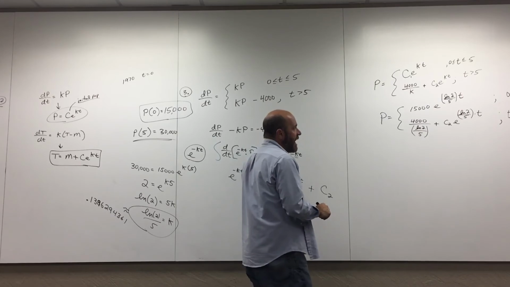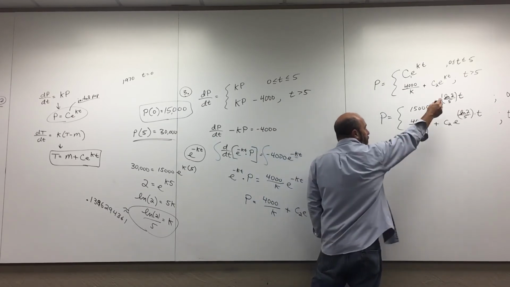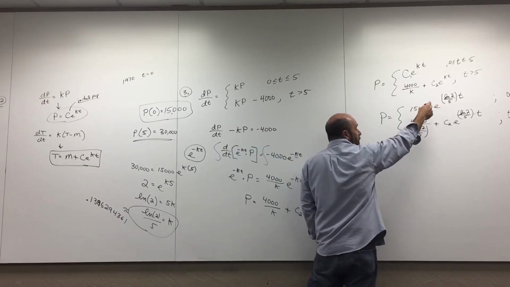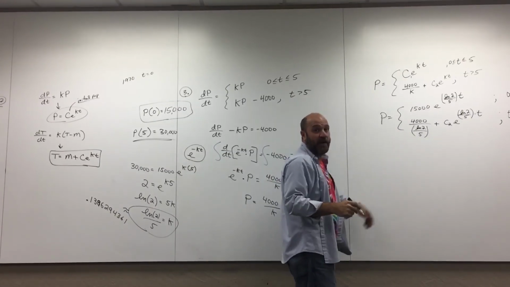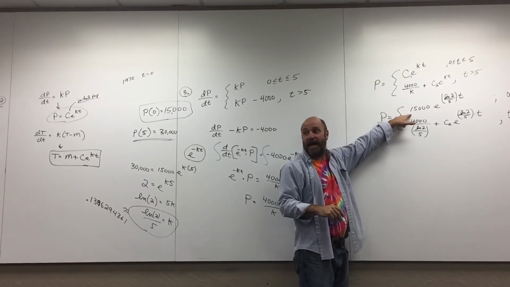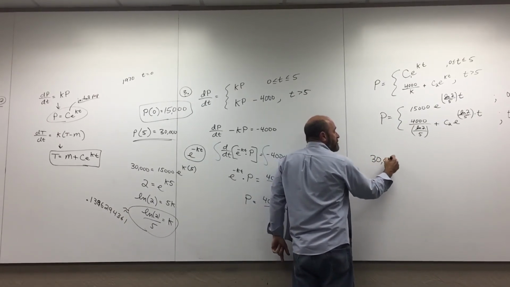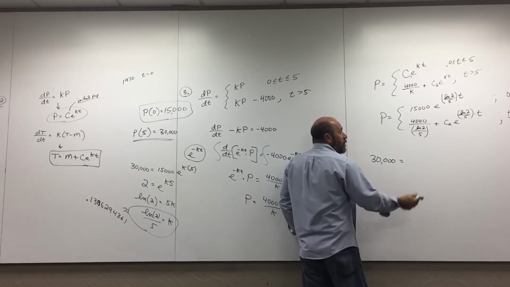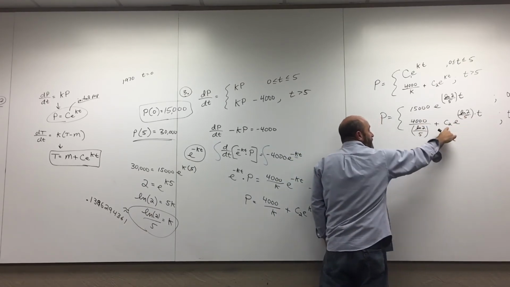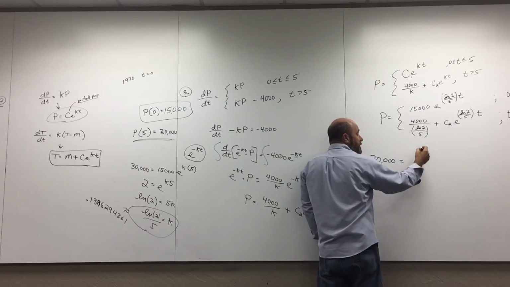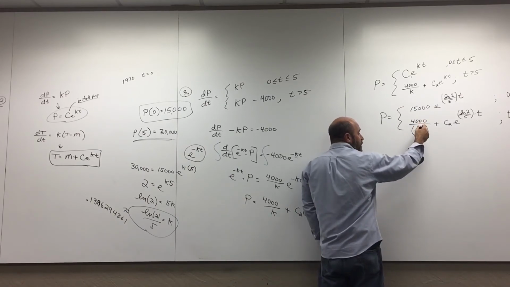I'm going to do that. When t is 5, I'm going to plug it into that top equation. And you know what I'm going to get? I'm going to get the population when t is 5. I could do the math there, but I already know it's 30,000. When t is 5, I get 30,000 mice. I'm going to set that equal to this thing, and I can find C2. What I have here is 4,000 over this.